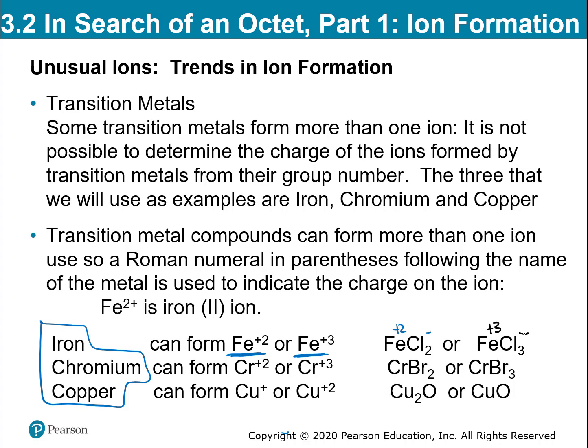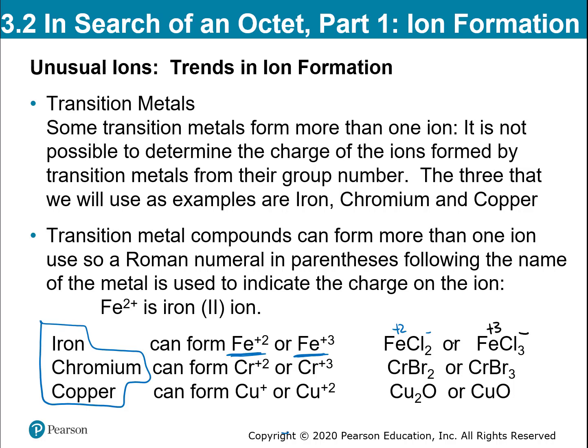When we get out here, we have 18 electrons going in all these different orbital paths, and they're very close in energy. That's why losing 2 can make them stable, and losing 3 can make them stable. Chromium can be a +2 or a +3. Copper exists as a +1 or a +2.